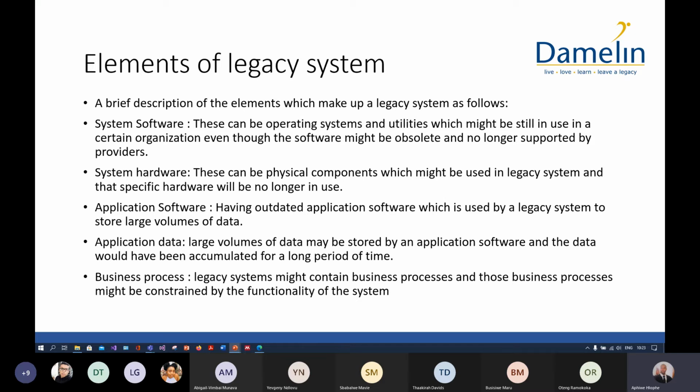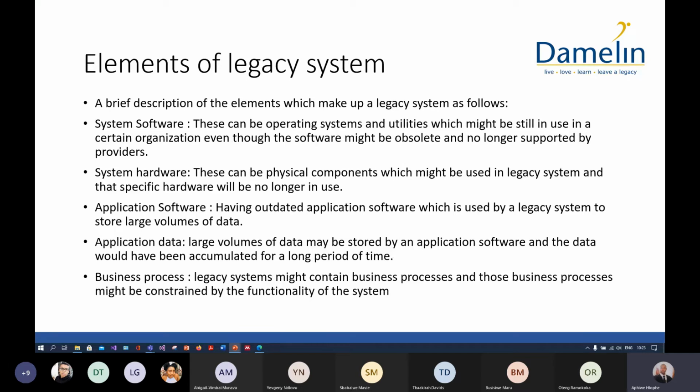So, software system: these can be operating systems and utilities which may still be in use in a certain organization, even though the software might be obsolete and no longer supported by the providers. So if the software is running on Windows XP, Windows XP is no longer supported by Microsoft. So it leaves room for vulnerabilities and so forth.